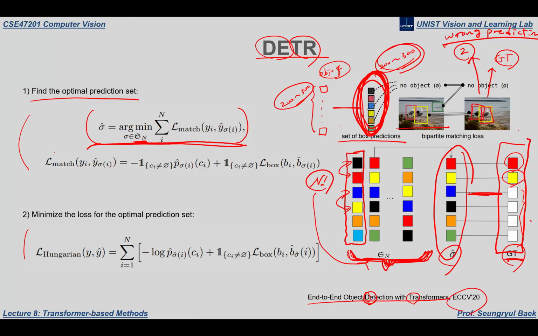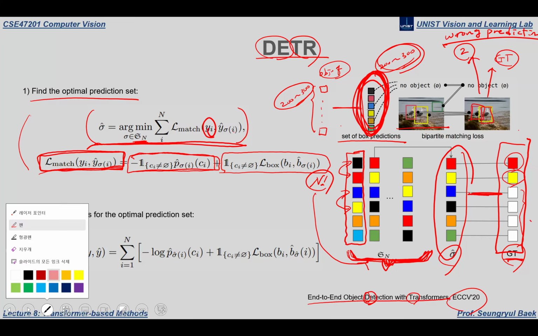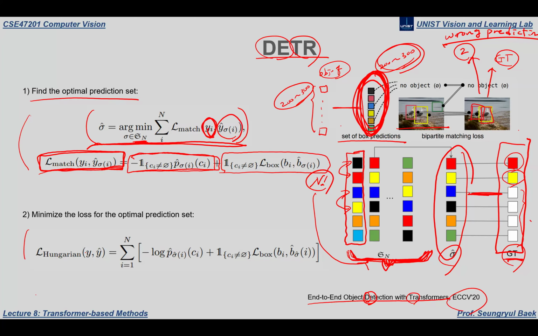This loss function, this objective, is saying that this is the probability mapping, and this is the bounding box mapping. Again, this is ground truth and this is prediction.